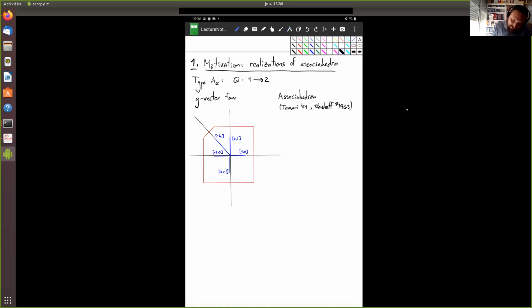I should point out that these realizations appeared in various steps and using various tools. So in 2002, using the D vector fan, not the G vector fan, Chapoton, Fomin and Zelevinsky realized generalized associahedra for any finite type cluster algebra, but with initial bipartite seed.